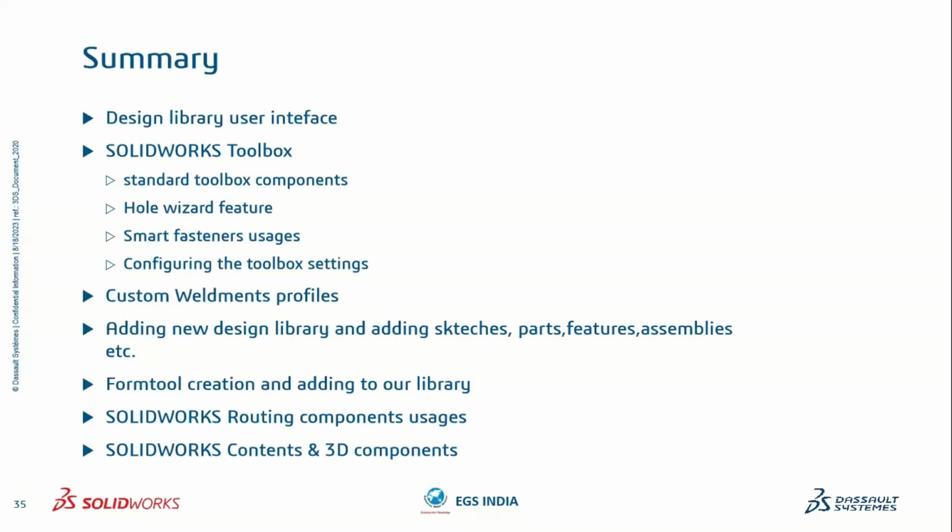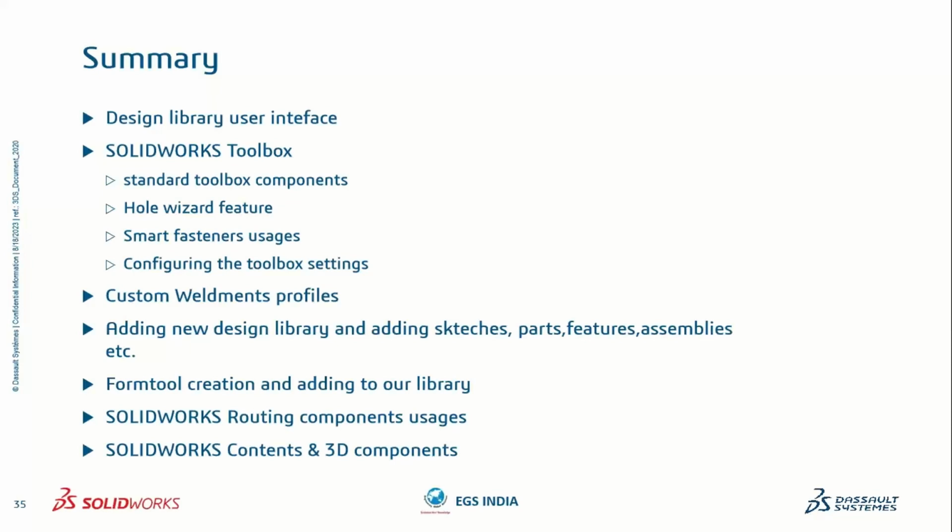And then the summary. First we saw the design library user interface and the usages of the design library. Then we moved to the SolidWorks Toolbox: the standard components, the Hole Wizard features, the smart fasteners, the configurations, and what they are used for. And then the custom profiles: we created a new custom profile, mapped it to that particular location, and used it in our models.